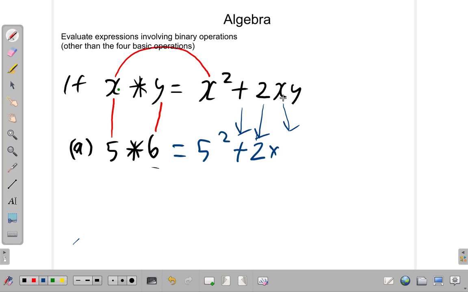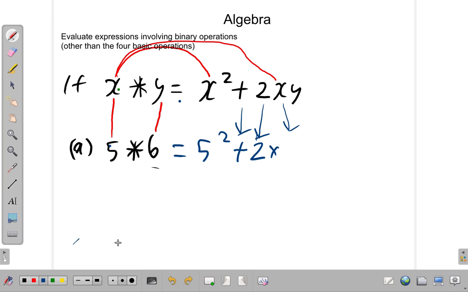Whatever happened to the x here will happen down here, but instead of x, it's 5. So it is really x that will be here, but over here, it is 5 that will be here. So you follow the same pattern, right?